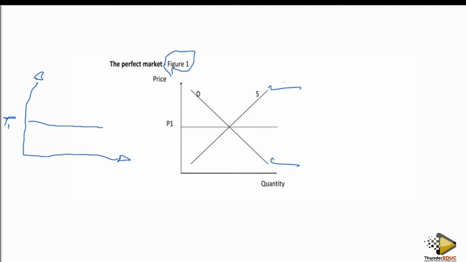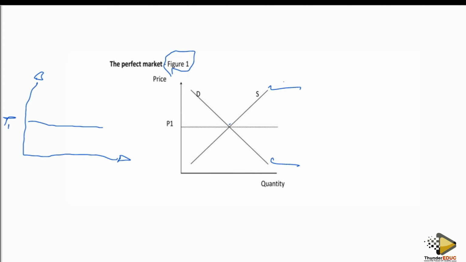It means that there is a positive relationship between the price of the product and the quantity supplied by firms. The moment the price of the product increases in the market, you see a lot of firms coming to join the market. That's what we mean. So that is why the supply curve is always sloping upward.